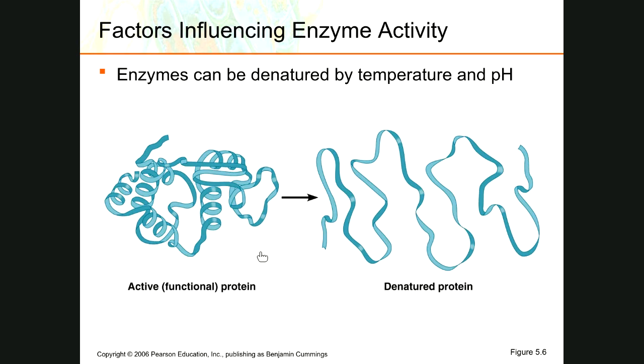This is the alpha what? Oh, the helix. Alpha helix. And the beta what? Sheet. Beta pleated sheet, yep. And the tertiary structure is when everything folds on itself to form that 3-dimensional globular structure.